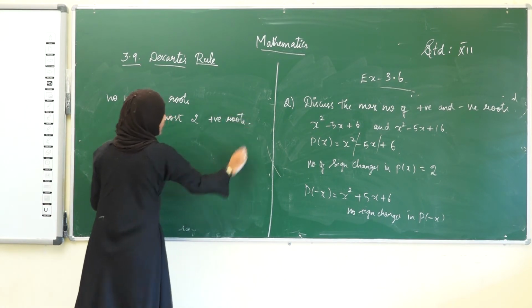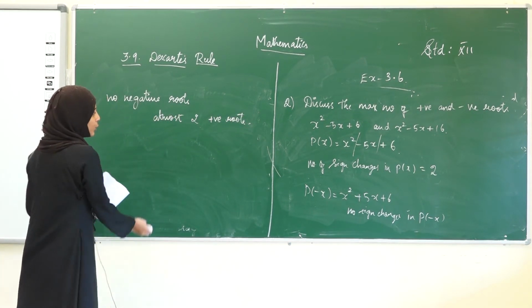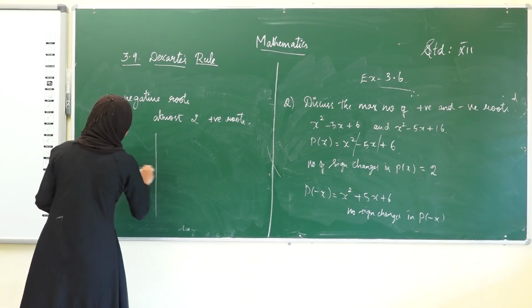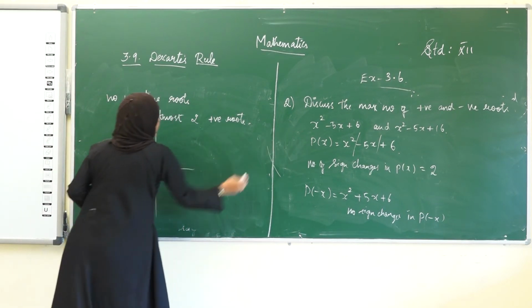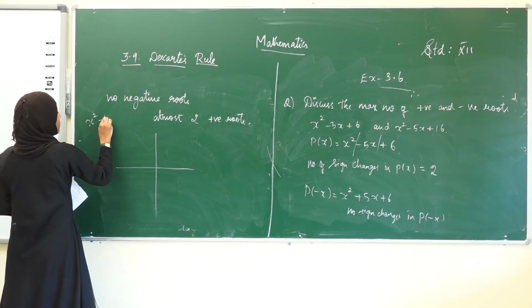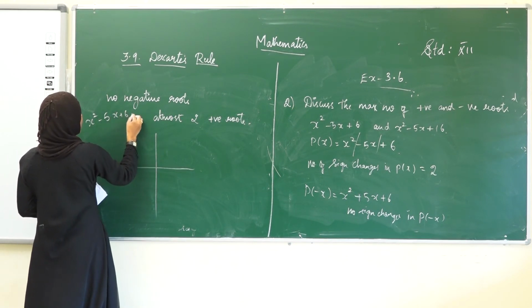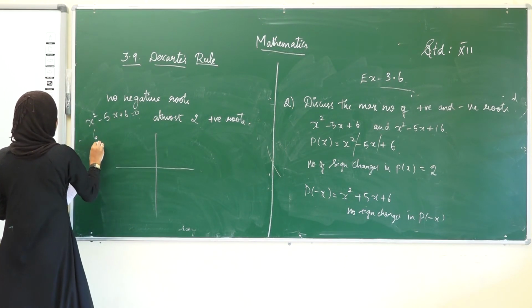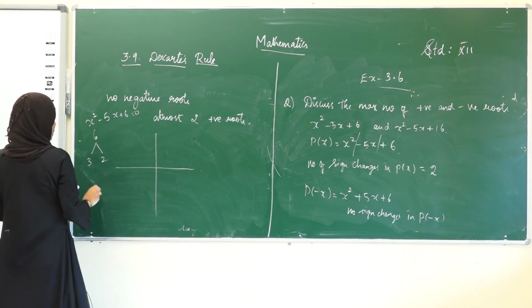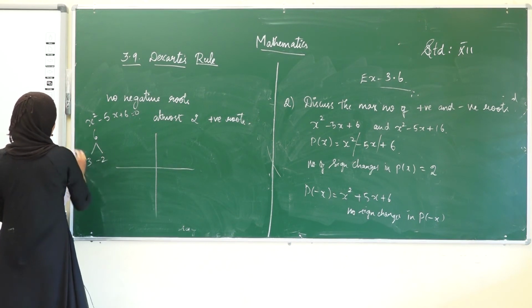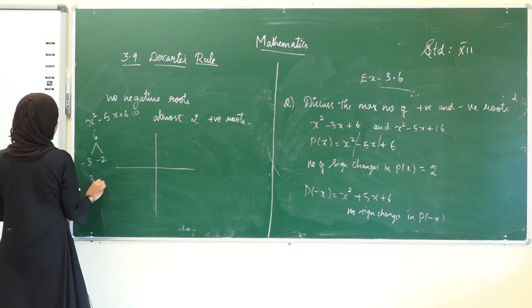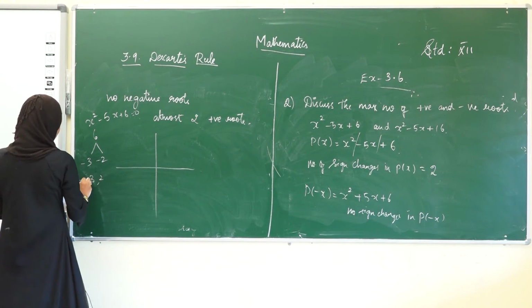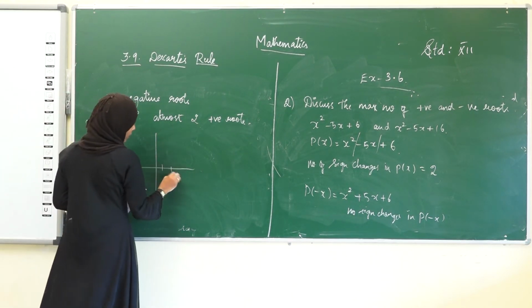They have also asked us to draw the graph. So let us consider this equation, x^2 minus 5x plus 6 equal to 0. How can we factorize this? 3 into 2, minus, minus. Therefore, the values of x are 3 and 2. Here it is 1, 2, 3.